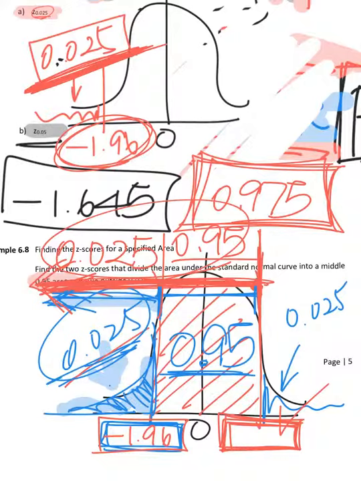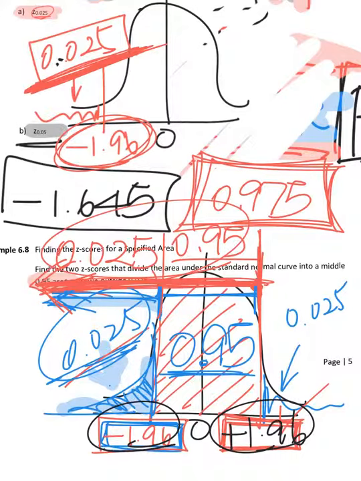Any idea? 1.96. Say again? 1.96. Positive 1.96. How did you get positive 1.96? The opposite of the other. They are same. Why? Because the normal distribution is symmetrical.